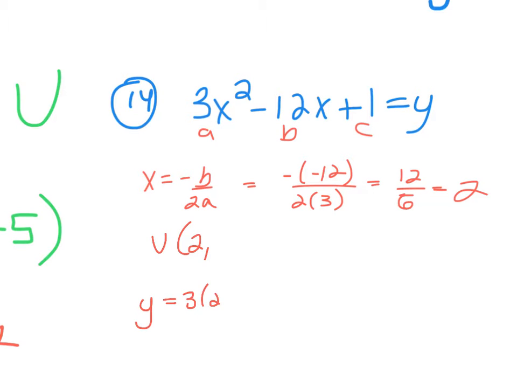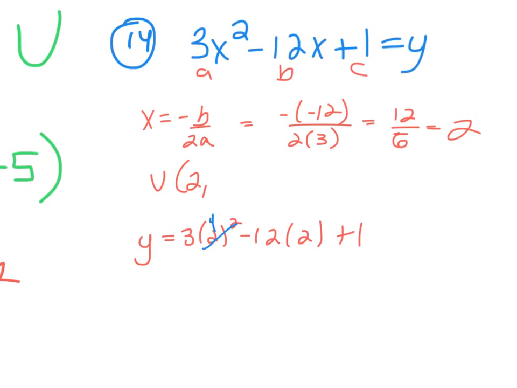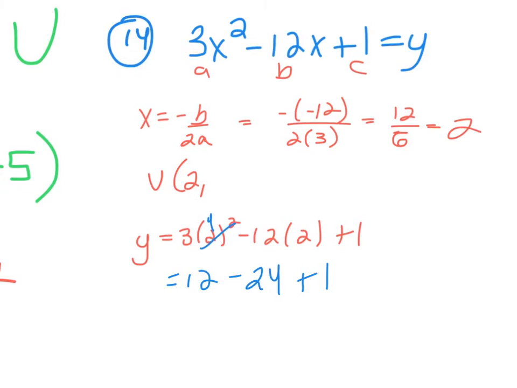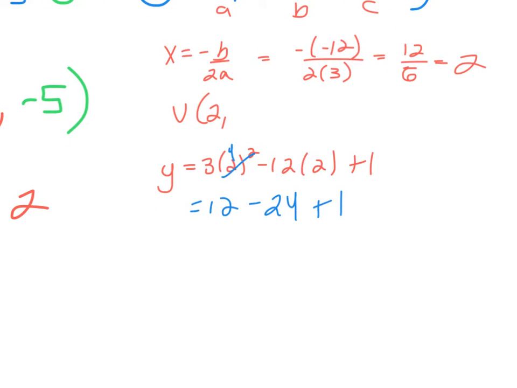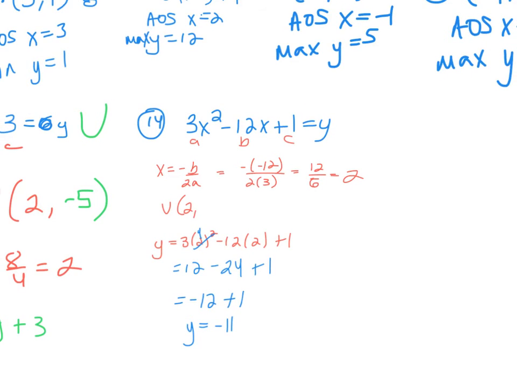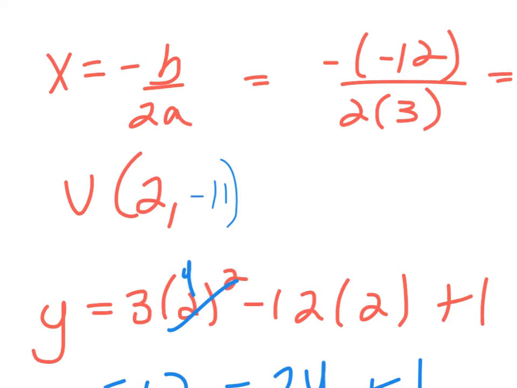So 3 times 2 squared minus 12 times 2 plus 1. What's 2 squared? 4, and 4 times 3 is 12. What's negative 12 times 2? Negative 24 plus 1. What's 12 minus 24? Negative 12, plus 1 is negative 11. So y equals negative 11, and my vertex, guys, is at 2, negative 11.